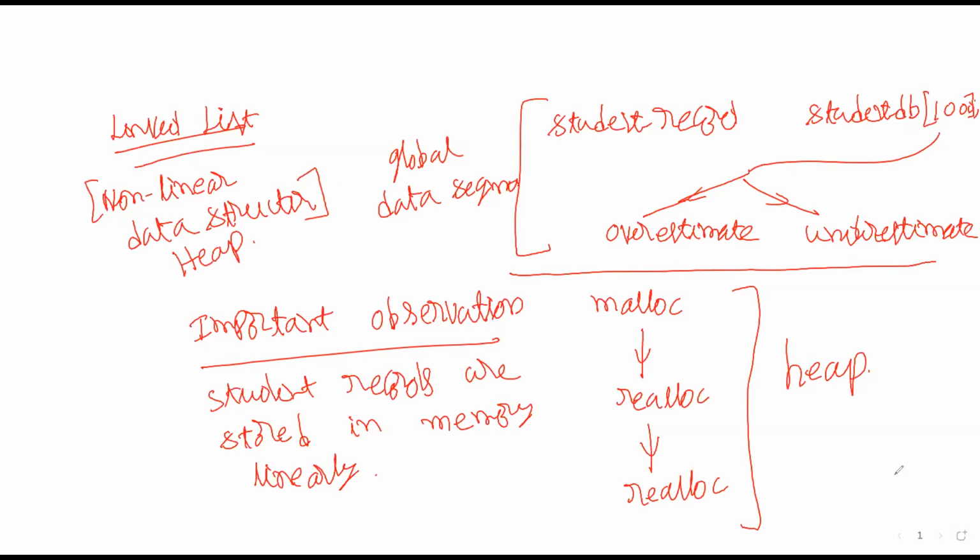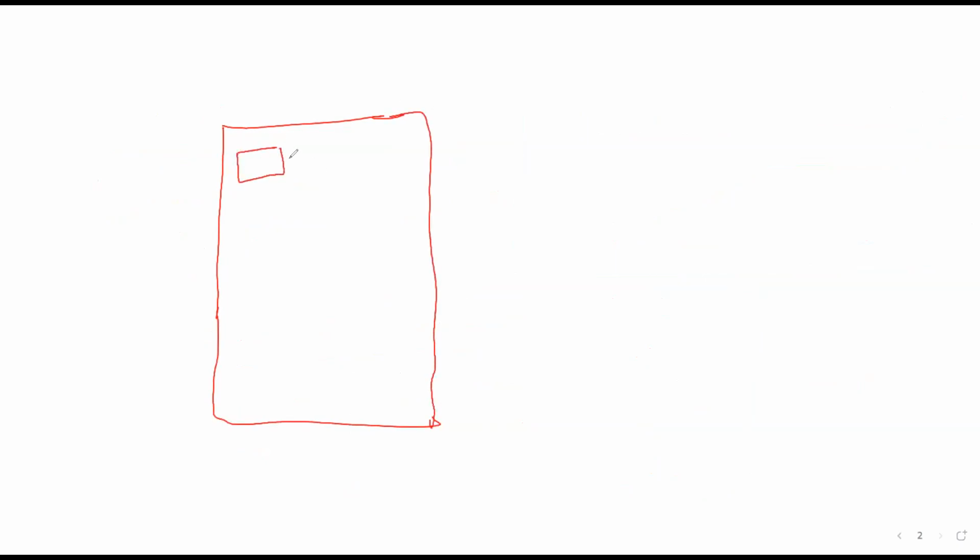So for example, if this is your heap of memory, initially you allocate some chunk of memory. Then you read one student record, you allocate memory for it, and you store the data.